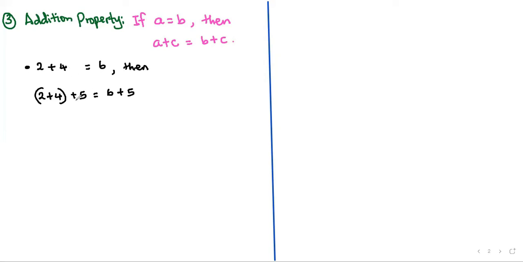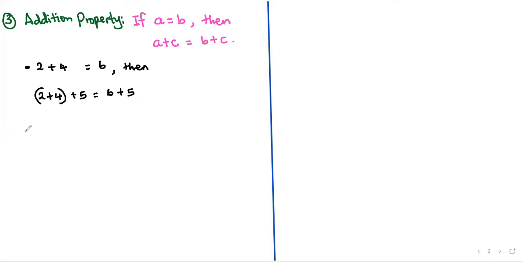If you add 5 on the left-hand side and you don't add 5 on the right-hand side, then the addition property will not apply. And if it does not apply, it means that the equation is not balancing, and if it does not balance, it is not correct. I hope that is okay.